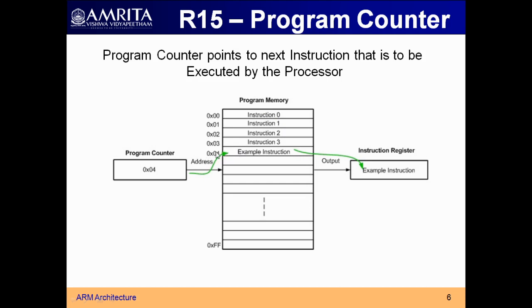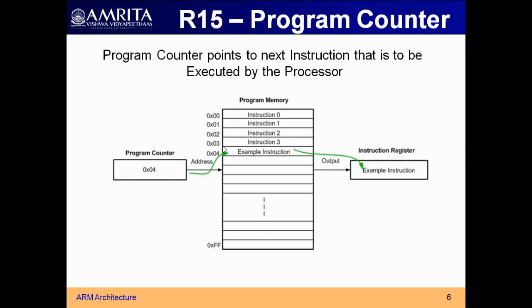So how will the processor identify that this address location or this instruction is to be executed? That is done by the program counter. The program counter will contain the address of the memory location that is to be executed by the processor in the next cycle. So here the program counter has 0x04.